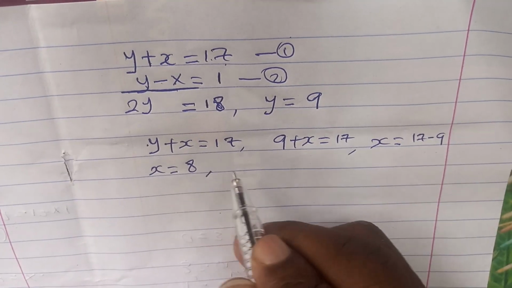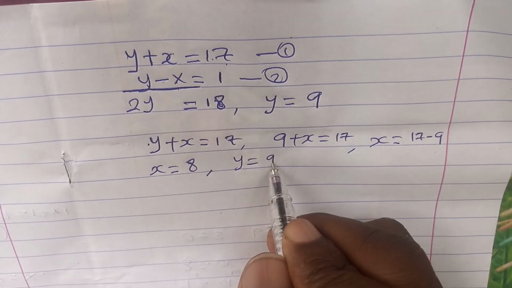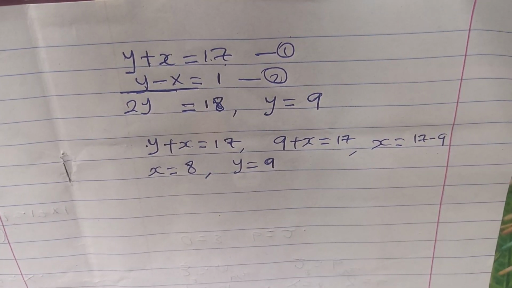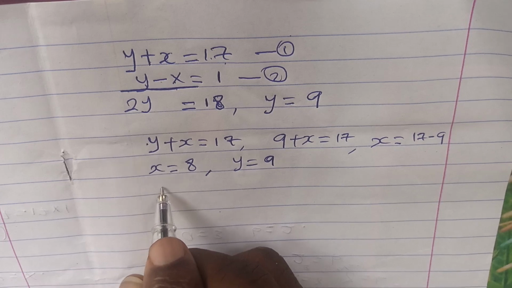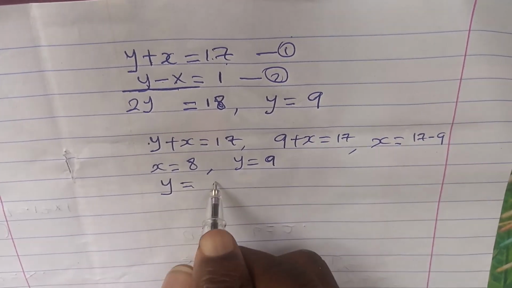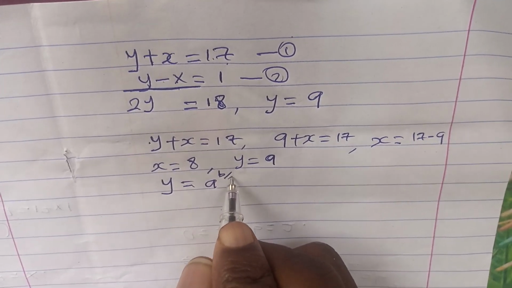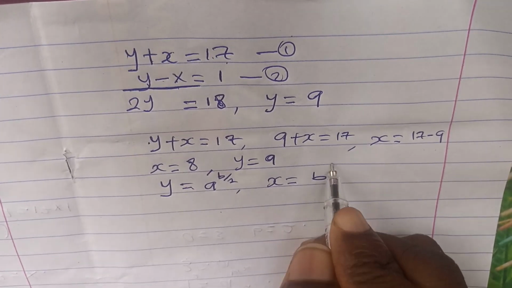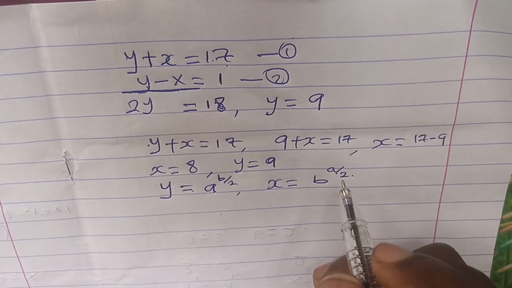So we know x to be 8 and y to be 9. Recall we said y is equal to a to the power of b over 2, and x is equal to b to the power of a over 2.